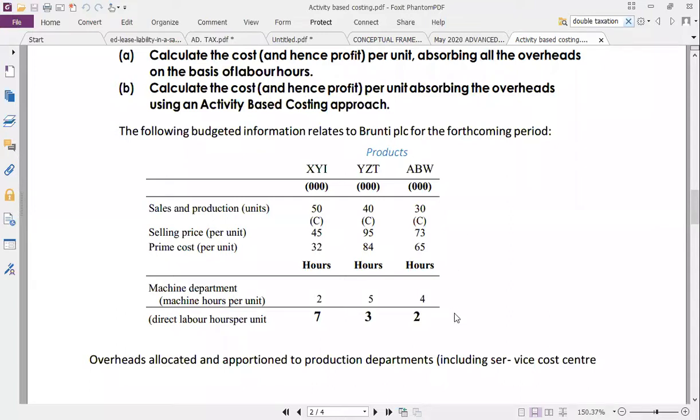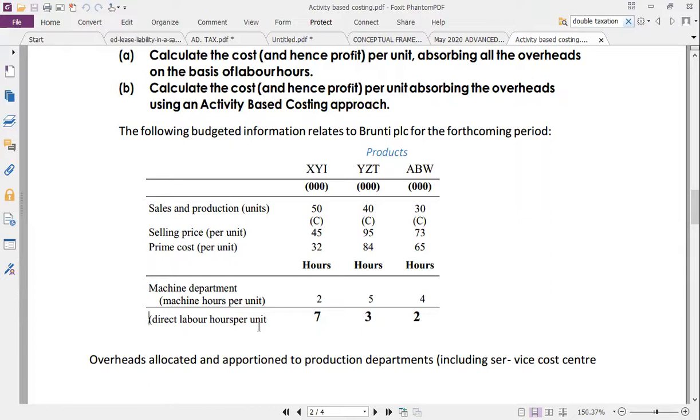Okay, so that is it. Selling price 45, 95, 73. All of them are there. Machine departments, machine hours per unit is also there. In fact, there's an omission here. That sum must be assembled department, in brackets, direct labor hours per unit.